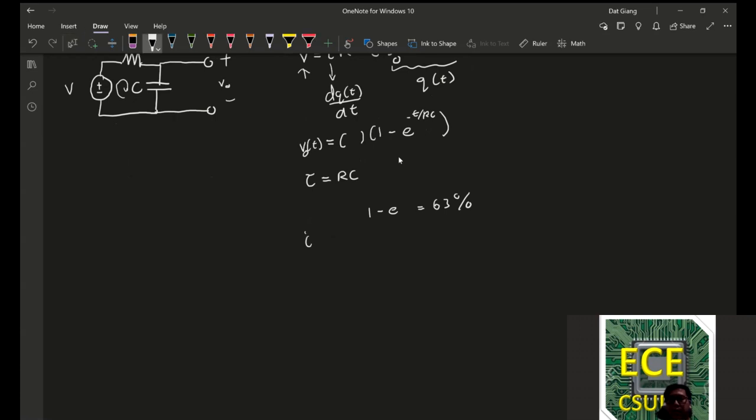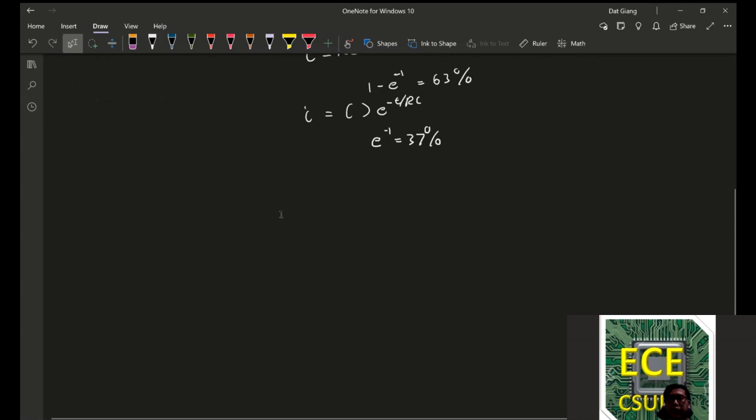Similarly, for current, it's going to be something times e to the negative t divided by RC. So if we plug that same expression in, we just get e to the negative 1, which gives us roughly about 37%, like that. So that's what we end up getting.